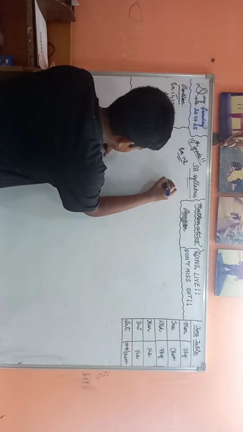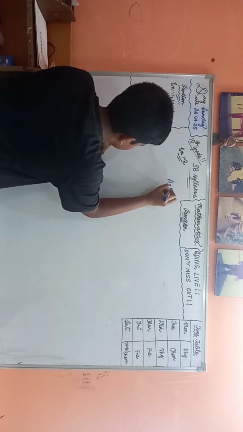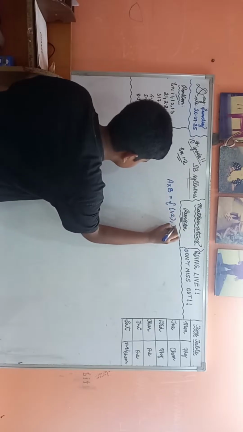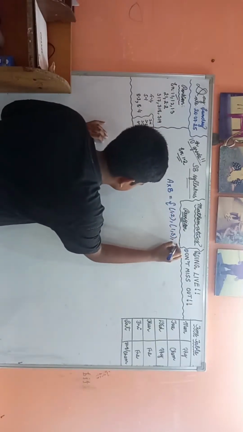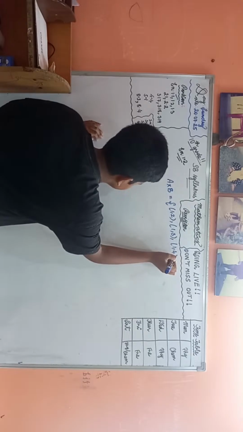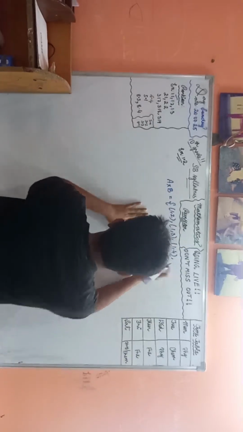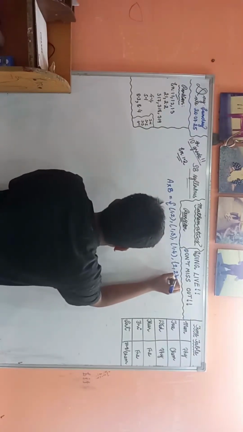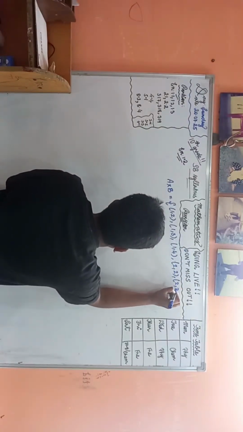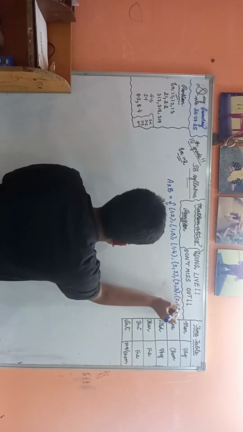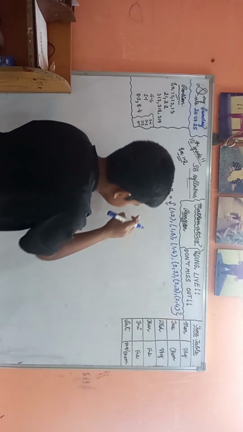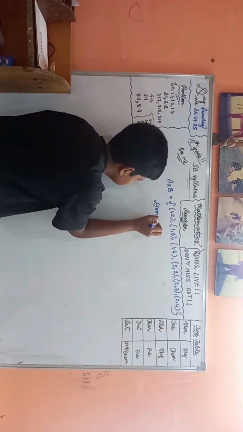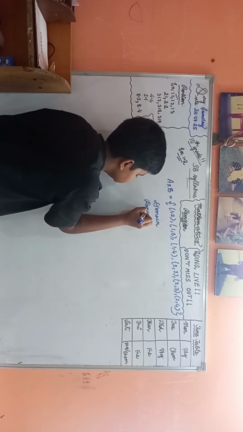Let me give you an example of this set A into B: 1, 2, 1, 3, 1, 4, 2, 1, 2, 2, 2, 3, and 2, 4. The first thing they'll ask us is to find the domain and range.